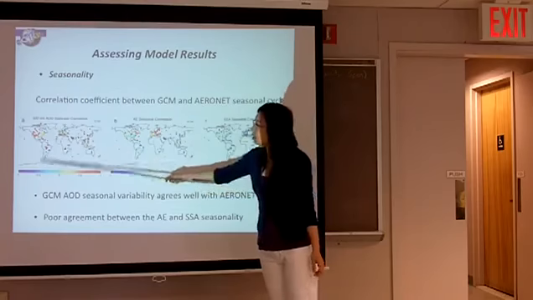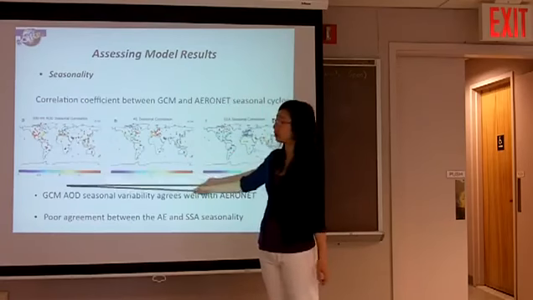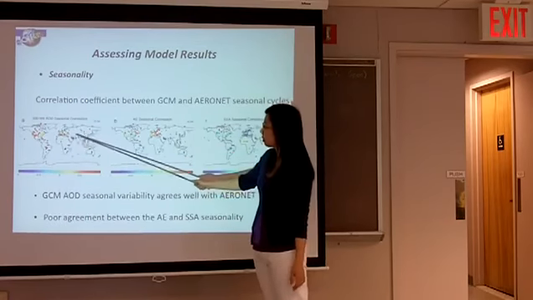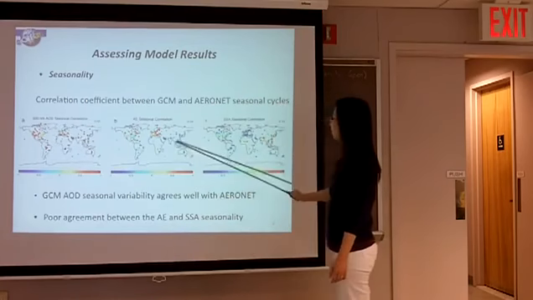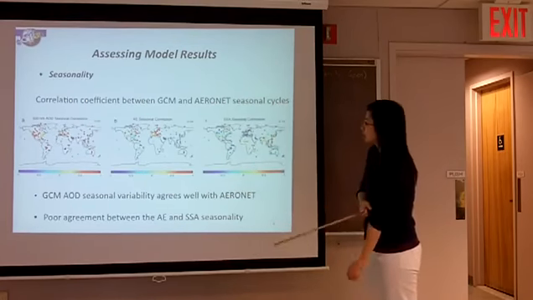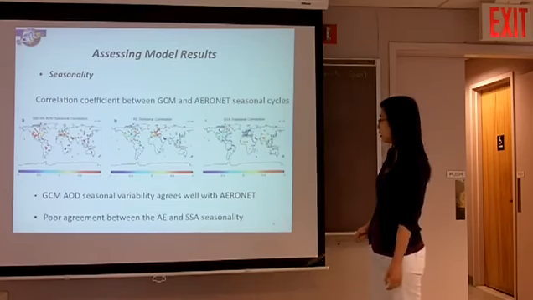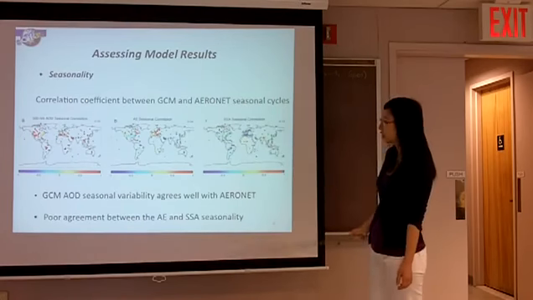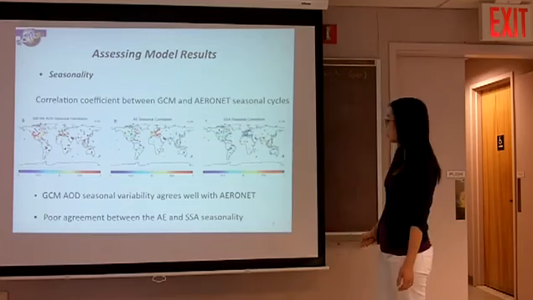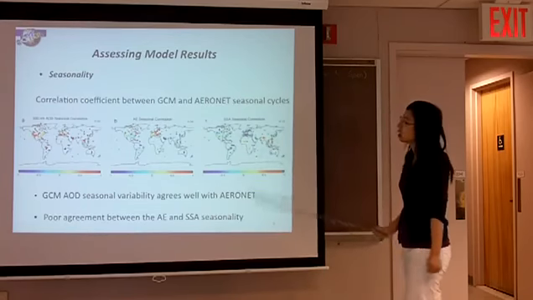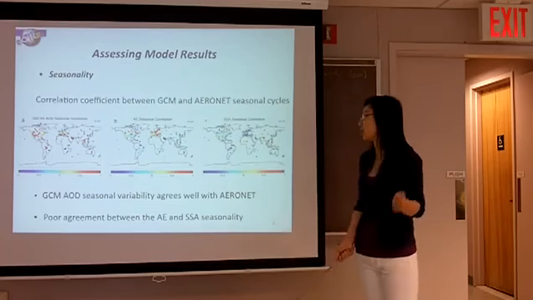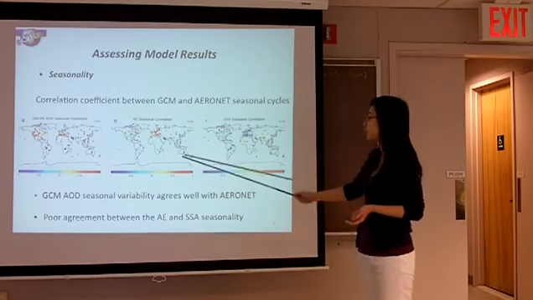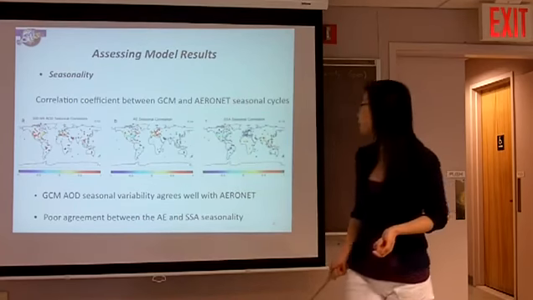This correlation seems pretty high for tau, generally about 0.5 overall. For these two, we have a much lower correlation. The global mean number even goes negative. So we have problems in the seasonal variations of Angstrom exponent and single scattering albedo.